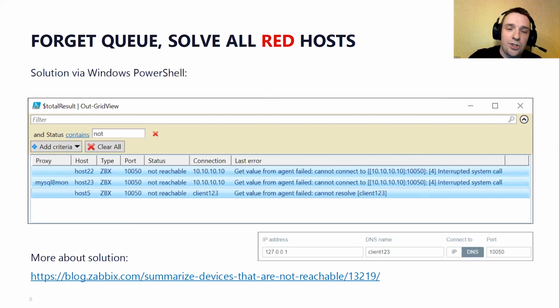What's also beautiful about this snippet, which I'm really proud of, is that this column, connection, really respects what connection is configured inside the configuration. Some companies prefer to monitor systems directly, connecting to the IP address.